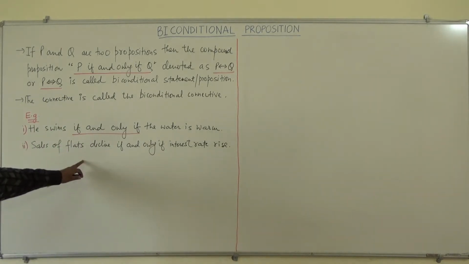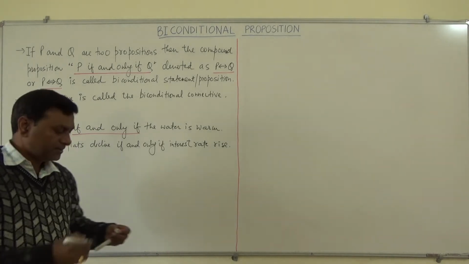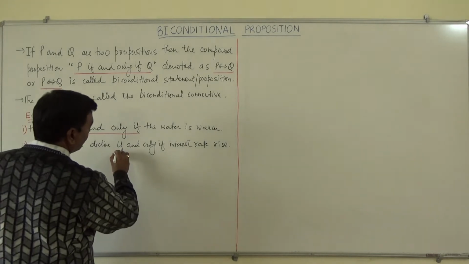Sales of flats decline if and only if interest rates rise. So this is the second example of biconditional.